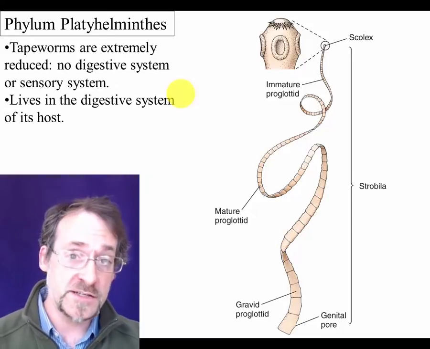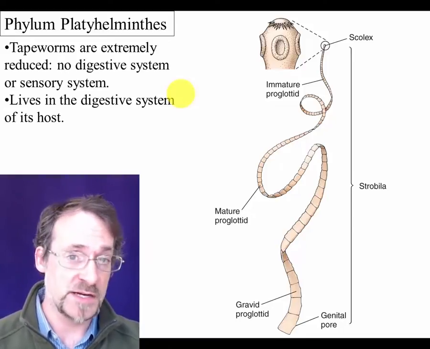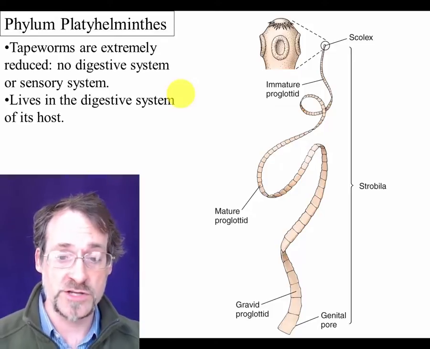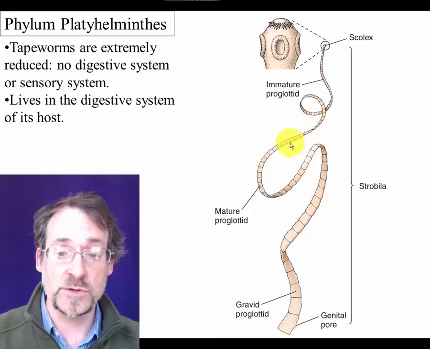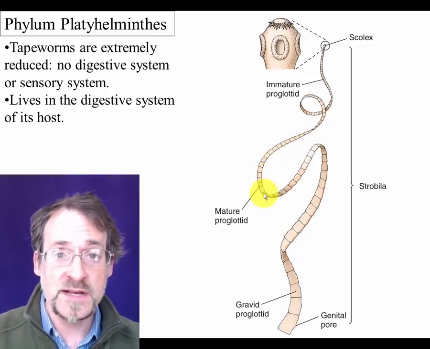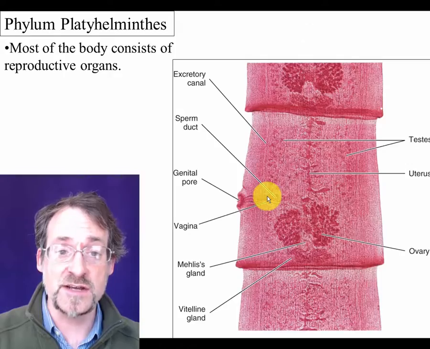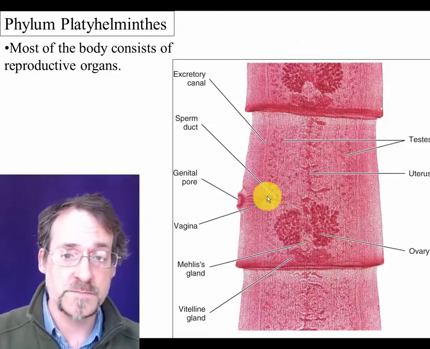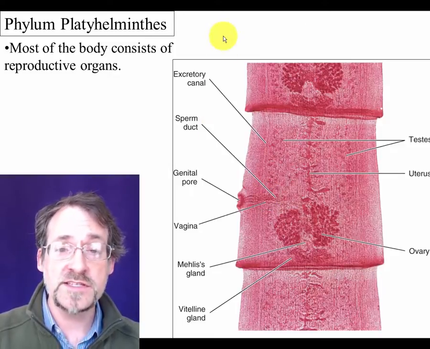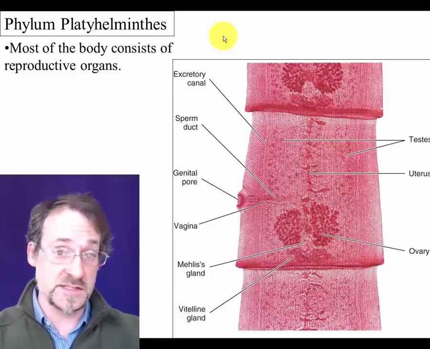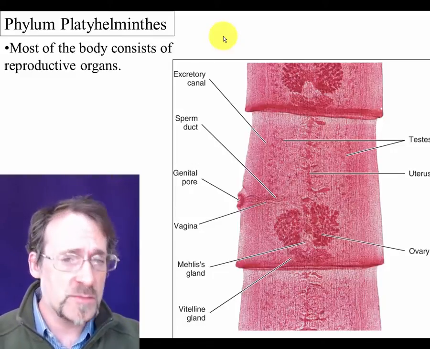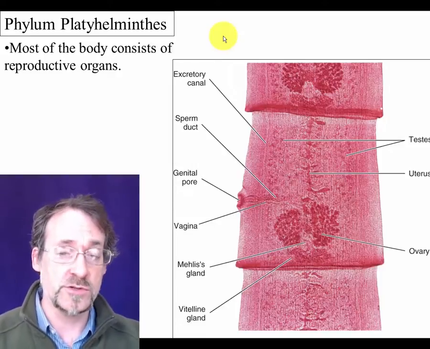The tapeworm, just like the fluke, has most of its body mass devoted to reproduction. Each one of these little segment-looking things is called a proglottid, and the proglottids basically contain reproductive organs. Again, what this does is it maximizes the chances of one of the eggs of a tapeworm being incredibly lucky enough to encounter a new host.